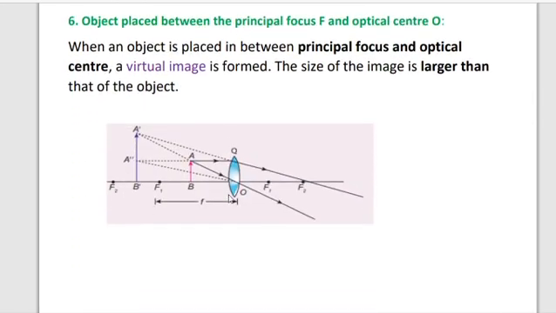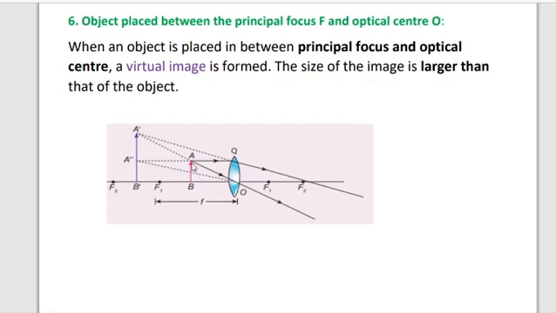Then the last case, it's a special case. From the first case to the fifth case, we get real images, but in the 6th case, we get a virtual image. Object placed between the principal focus F and optical center O. So this is optical center O, then principal focus. So we get a virtual image. What about the virtual image? A ray parallel to the principal axis, after the refraction, passes through the focus.